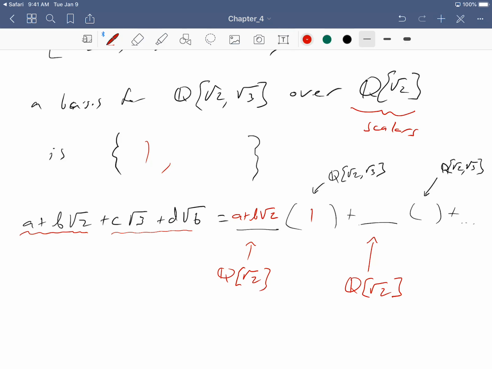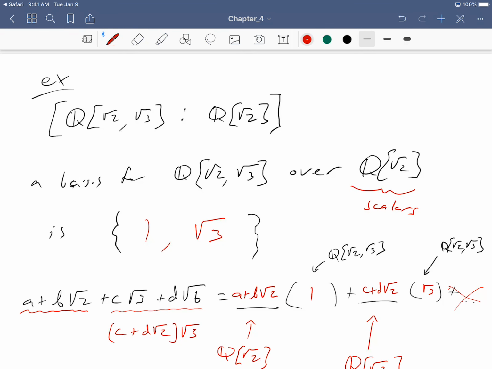My c root 3 plus d root 6, I can factor a root 3 out of that, and what's left is just c plus d root 2. So that's another scalar. c plus d root 2 is my scalar, and I'm multiplying it by the vector root 3. So my basis is just 1 and root 3. So I've taken my generic element and written it as a scalar times 1 plus a scalar times root 3. I don't turn out to need any more. My basis has size 2, and so the degree of my field extension is 2.